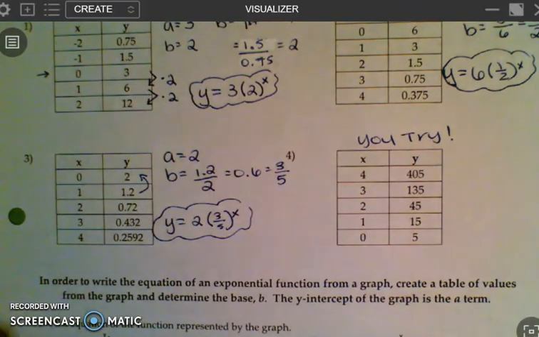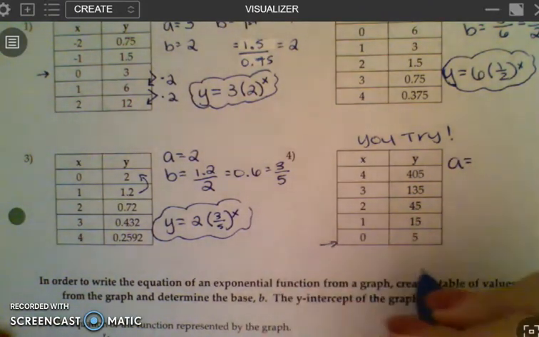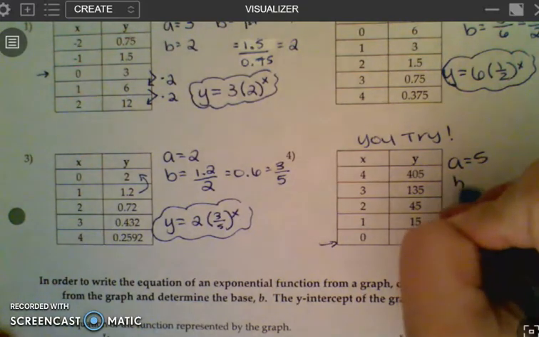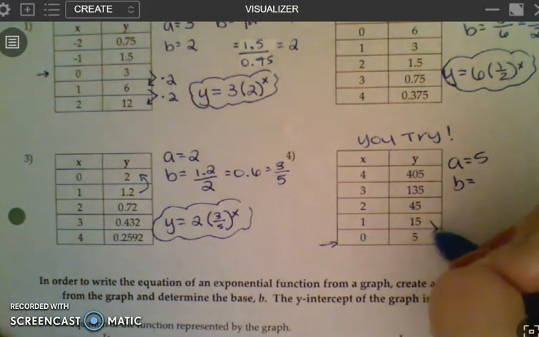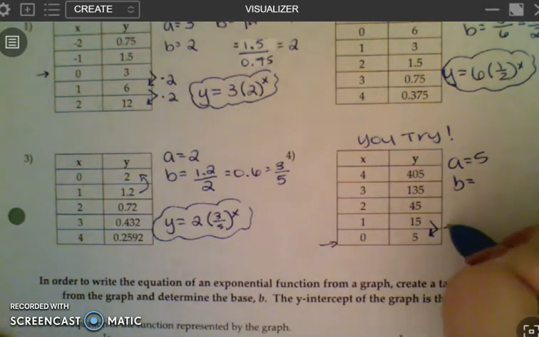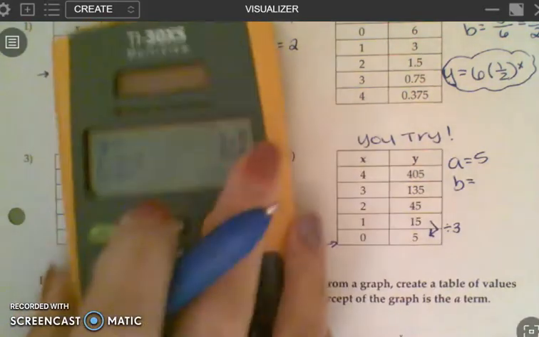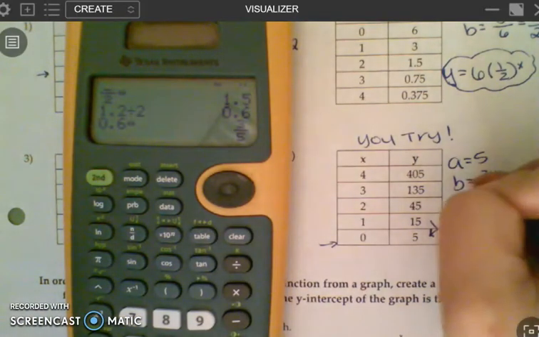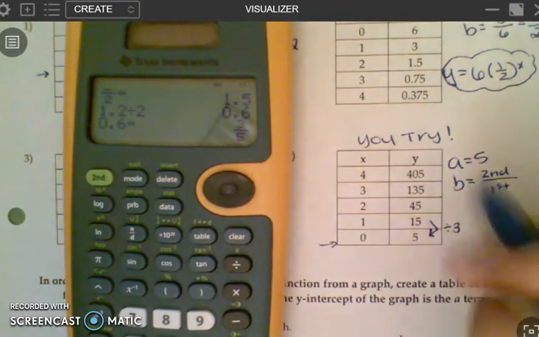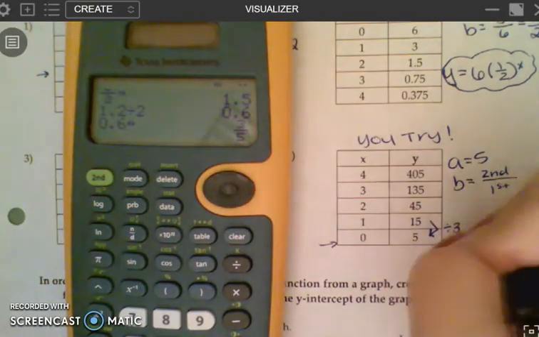Okay, so for number 4, your a is down here, it's 5. Your b, let's see, to go from 15 to 3, I think I divide by 3. But for all of these, you have to multiply. So let's see. I have to do the second divided by the first. So in this case, we'll just use 5 because that's what I'm looking at.